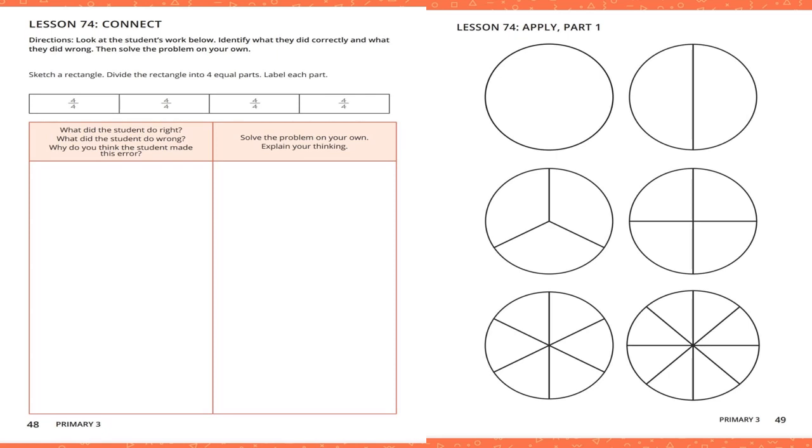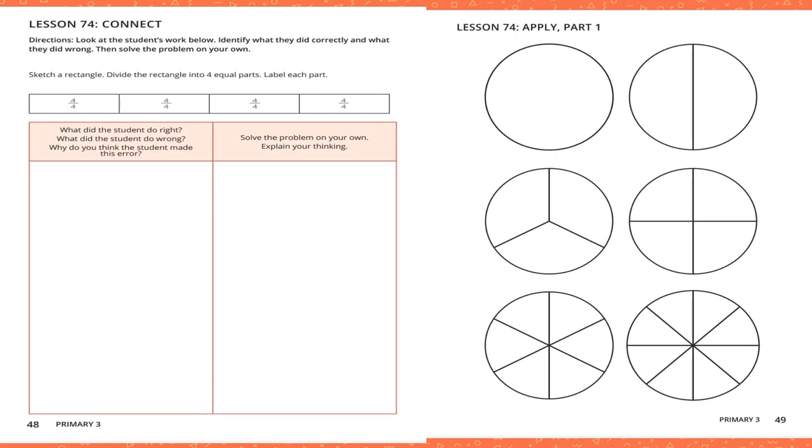Here we have the rectangle divided into 4 equal parts, but he wants me to label each part. Is it right? This part is 4 over 4? No. Each part is only one part out of 4. 1 out of 4. So it's 1 over 4, or fourth, or quarter.